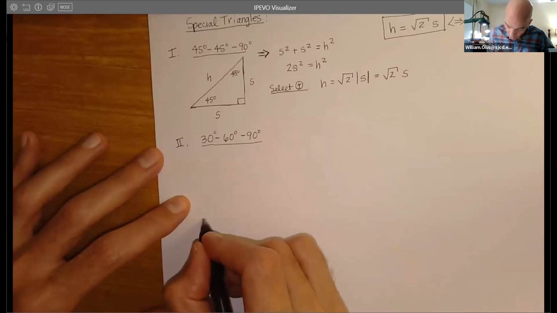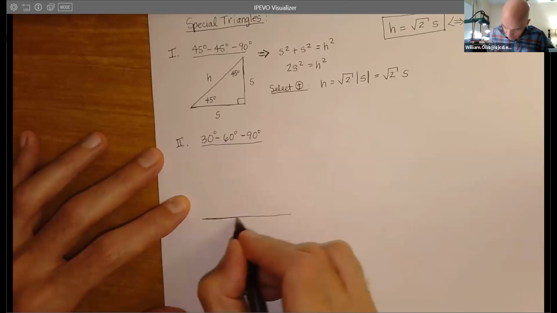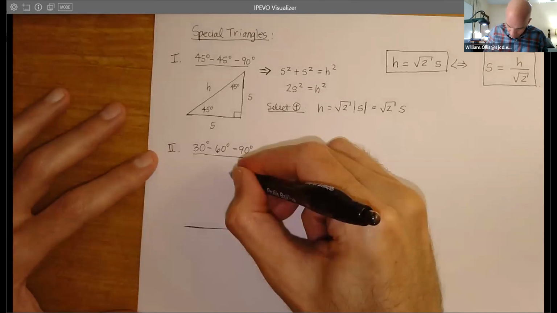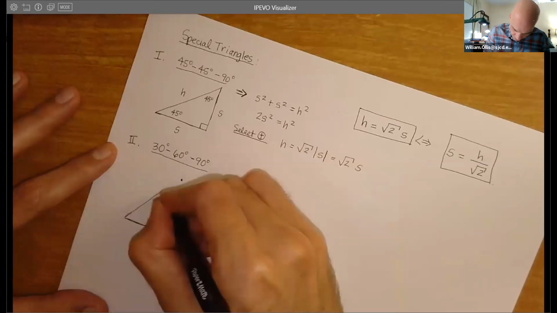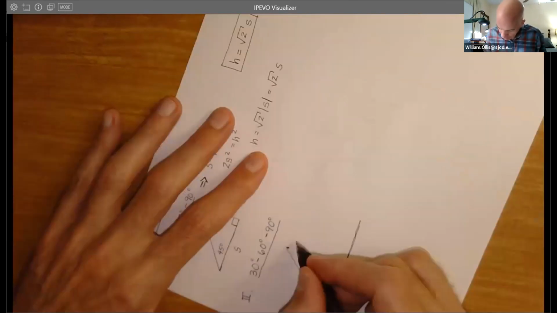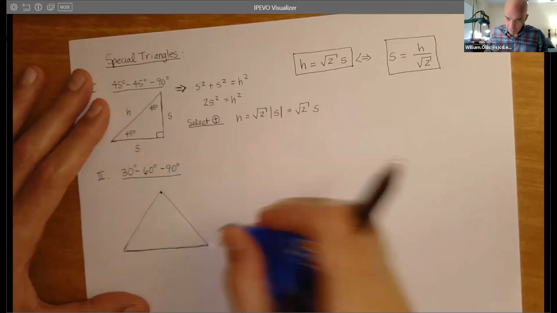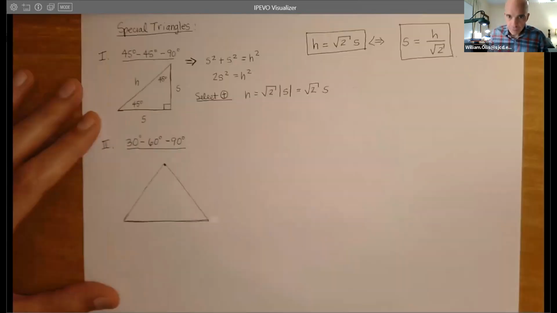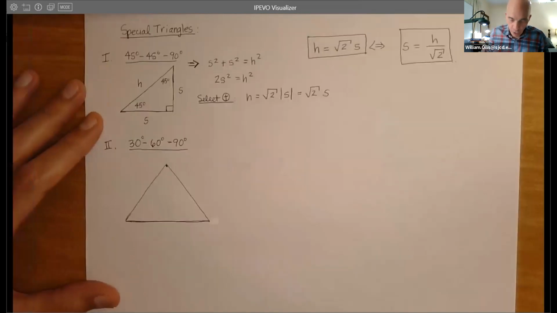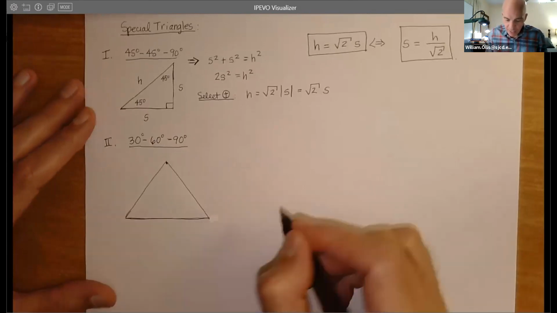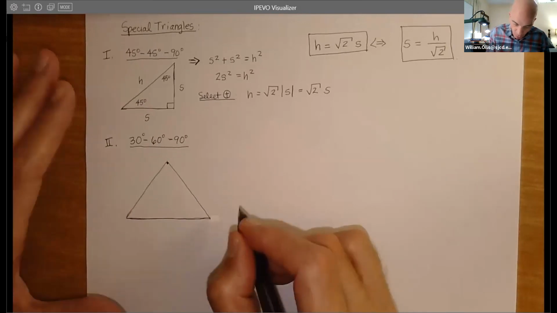So 3 sides are congruent. So here, again, we've got 60 degrees, 60 degrees, 60 degrees by the angle sum. They're all congruent.